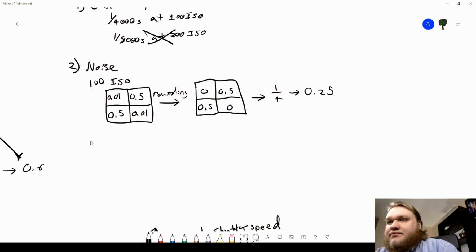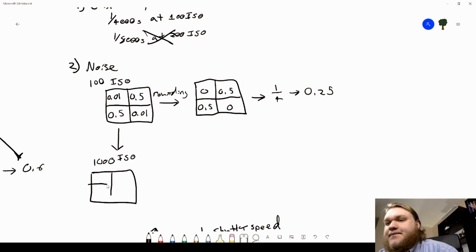Now, let's say we take this and do it at 1,000 ISO, which means we multiply everything here by 10. Let's get our little pixel. Now we have 0.1 and 0.1, and then we have 5 and 5. Then we have the same rounding step.